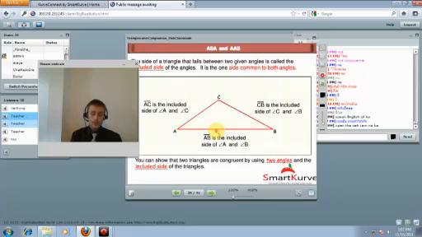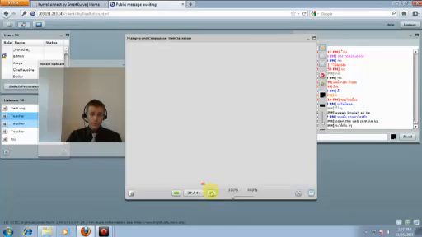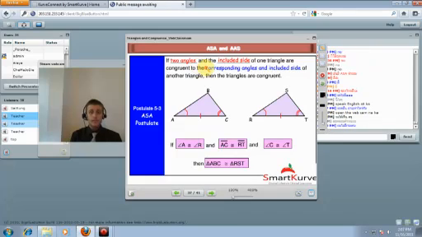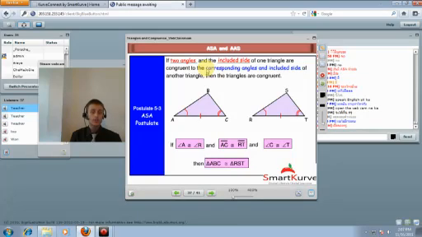You can show that two triangles are congruent by using two angles and the included side of the triangles. That is angle, side, angle. If two angles and the included side of one triangle are congruent to the corresponding angles and included side of another triangle, then the triangles are congruent.